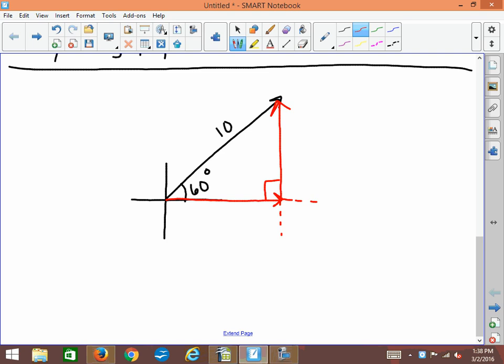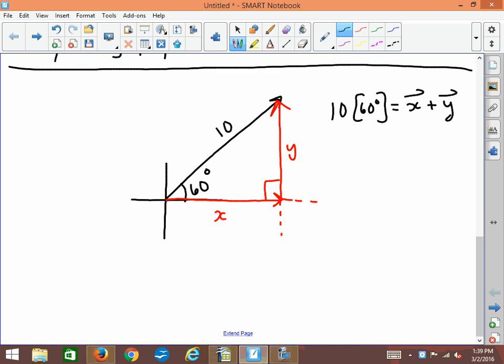Because I drew this one on the x-axis, I'll call it little vector x right now. And because this one's on the y, I'll call him little vector y. But the vector 10 at 60 degrees is equal to vector x plus vector y, because they are tip to tail. They're just one of the many combinations that would have worked.